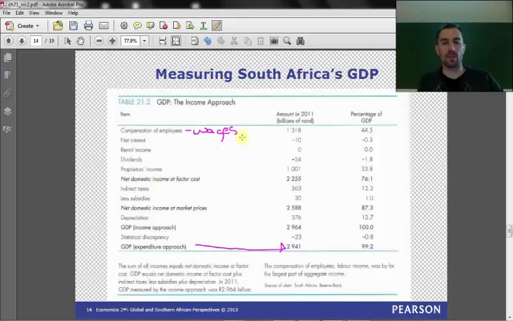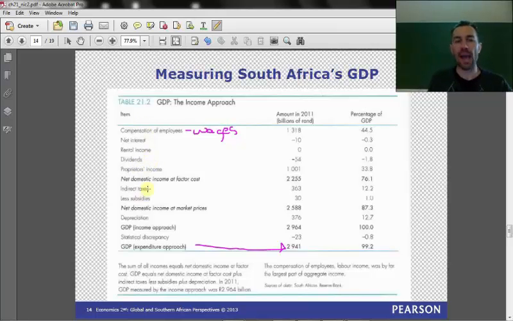Then what happens, once we've got our total, this is net domestic income, okay, so we haven't taken into account depreciation yet. We then get indirect taxes, less subsidies. In other words, add taxes back to that value. So this is an accounting exercise for anyone that loves accounting.